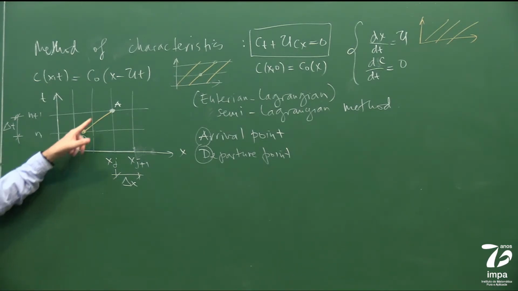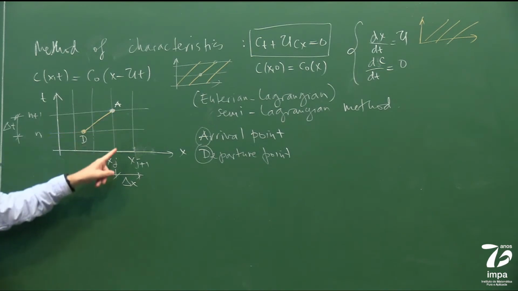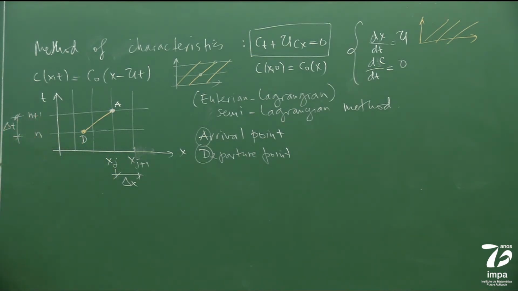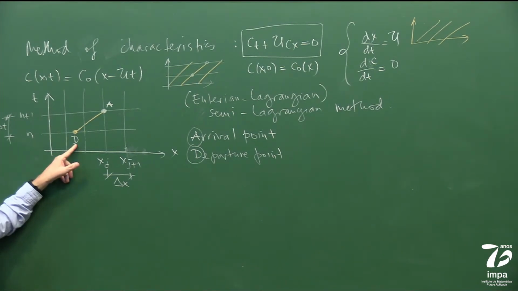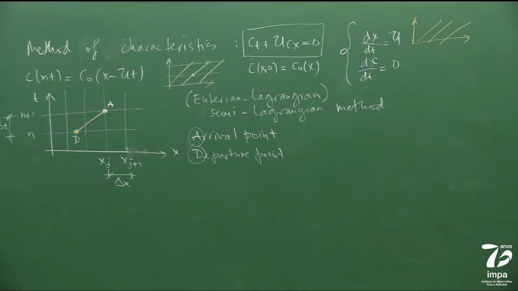I just transfer this value to the node j, n plus 1, and I'm done. Do you agree? Just a transport. The problem, which is not a big deal, is that the point D, the departure point of information, does not follow my grid.